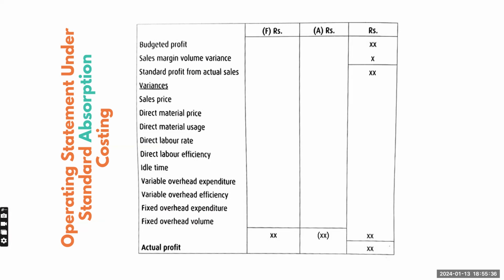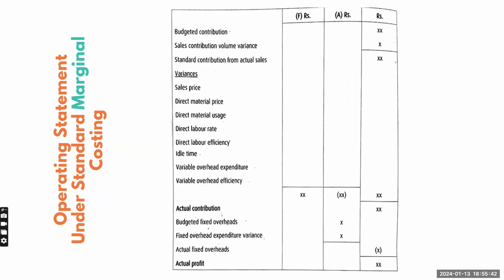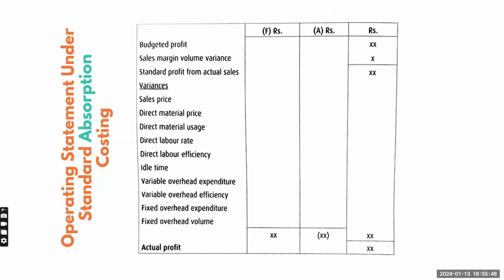This operating statement you can prepare using two methods. We have the absorption costing method and the marginal costing method. There's a small difference in the presentation. When it comes to absorption costing we don't take a line item called contribution. So you take the profit directly. So you start with budgeted profit and end with actual profit. So what are the adjustments?